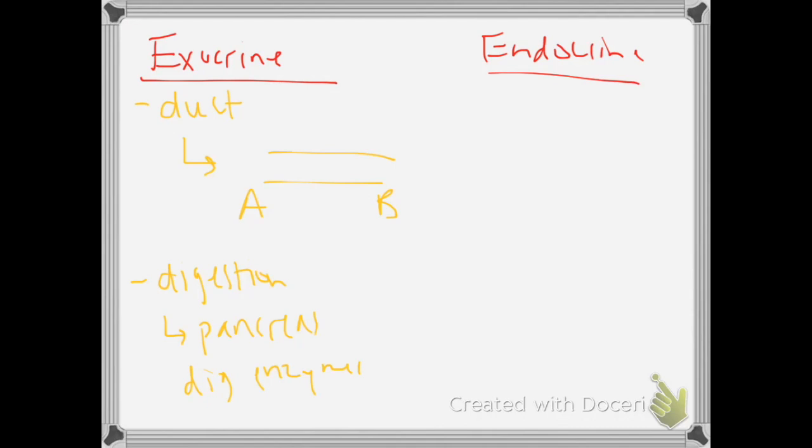Endocrine is going to be secreting into blood vessels, or we can say endocrine glands are ductless glands. They don't have a duct associated with them. And endocrine glands are going to secrete hormones. Hormones, you can think of stuff like estrogen, testosterone, growth hormone, cortisol, all these different things that you might have heard in your life. These are hormones being secreted into the bloodstream.